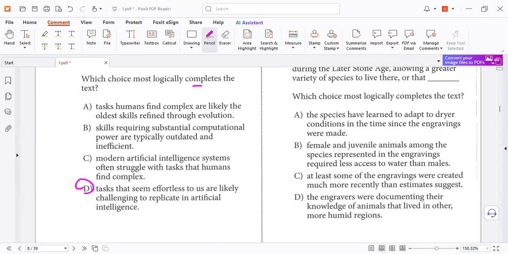Letter D again. Yeah. So you love letter D. Okay, correct.